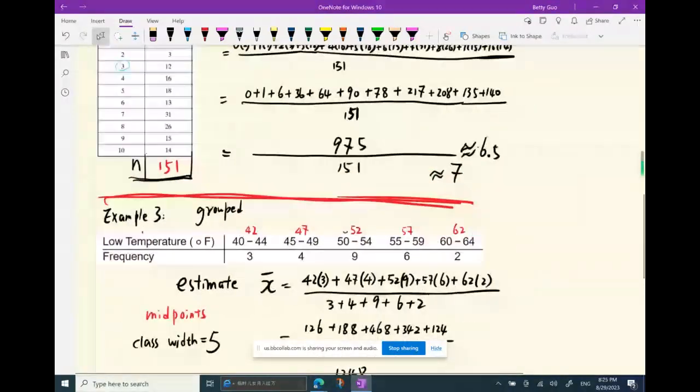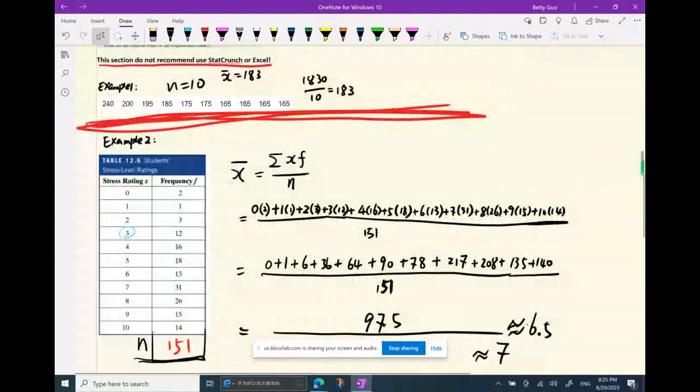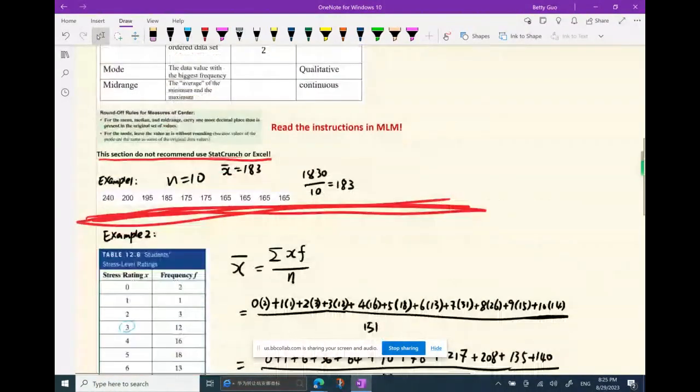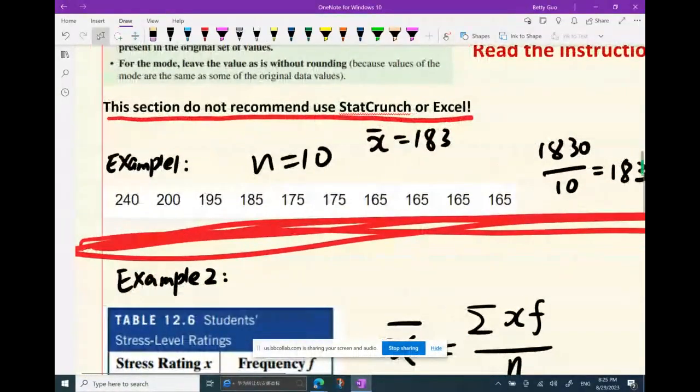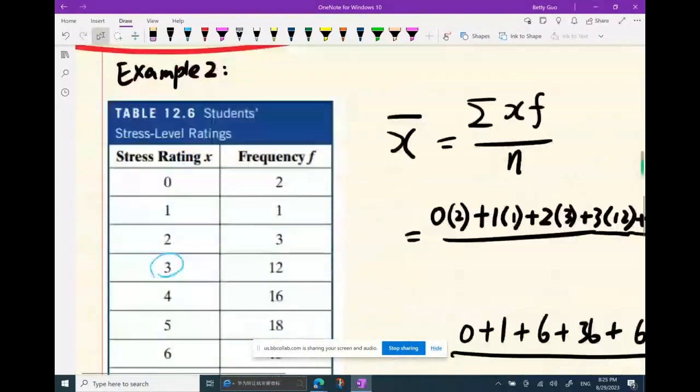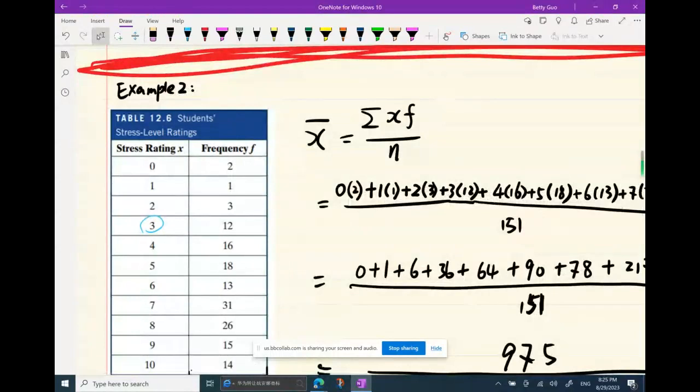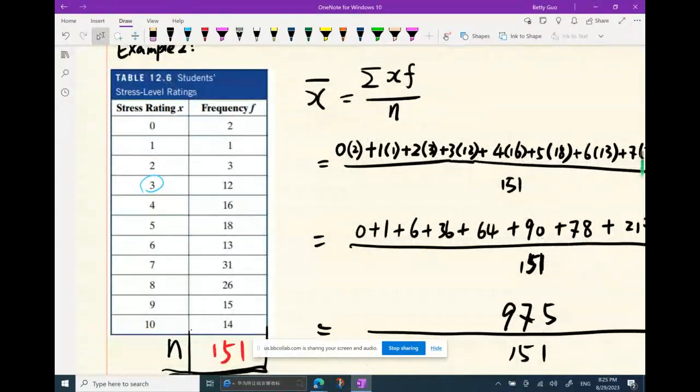All right, just a shorter summary here. We covered 3 examples. The first one shows how we calculate the mean when we are given the raw data set: add them up and then divide by the number of values. The second example shows how we find the mean if the raw data set is organized in a frequency distribution table: you use the values times their corresponding frequency, add them up, and then divide by the sample size.